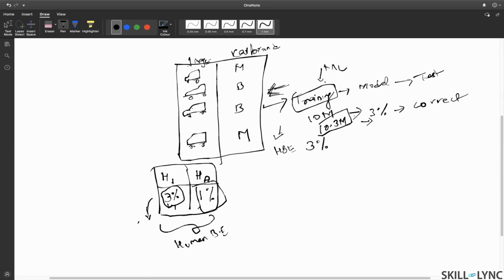When a human is able to come up with this error while doing it manually, think, when machine learning is applied on the training data set, will it not be able to come up with the error? Of course it will. But first we have to understand why this 3% error is there, because you are asking a very advanced question.